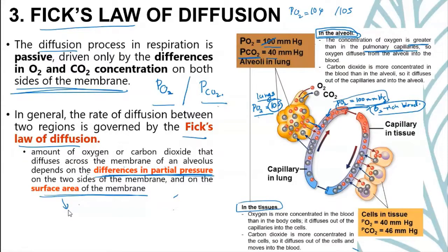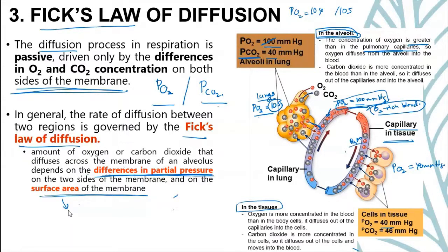This oxygen rich blood has a partial pressure of oxygen of 100. So it travels in the systemic circuit and enters the capillaries of organs, the tissue of many organs. The partial pressure of oxygen is still maintained at 100 here. The partial pressure of oxygen in your body tissues is 40, oxygen is 40 mm mercury.